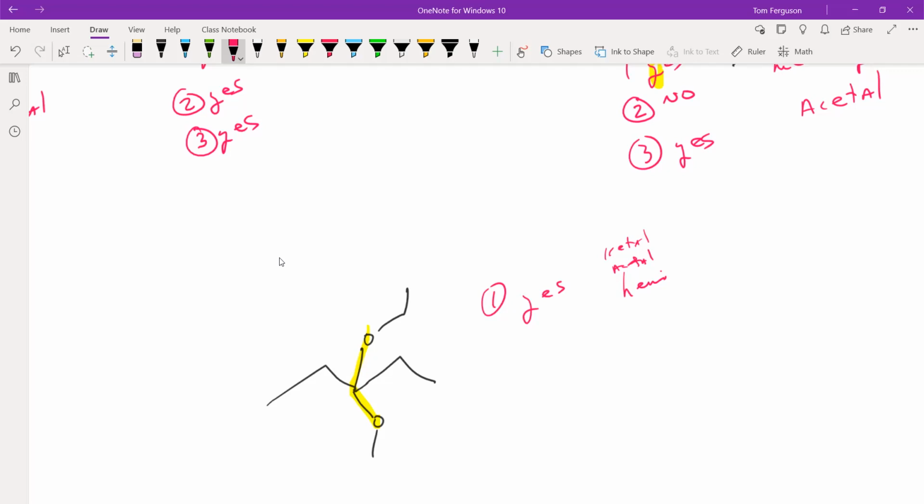Question number 2. Is there an OH on this guy here? Nope. So that means it's not a hemi. Number 3. Is there an H there? No. No H either. That means this is a ketal then.